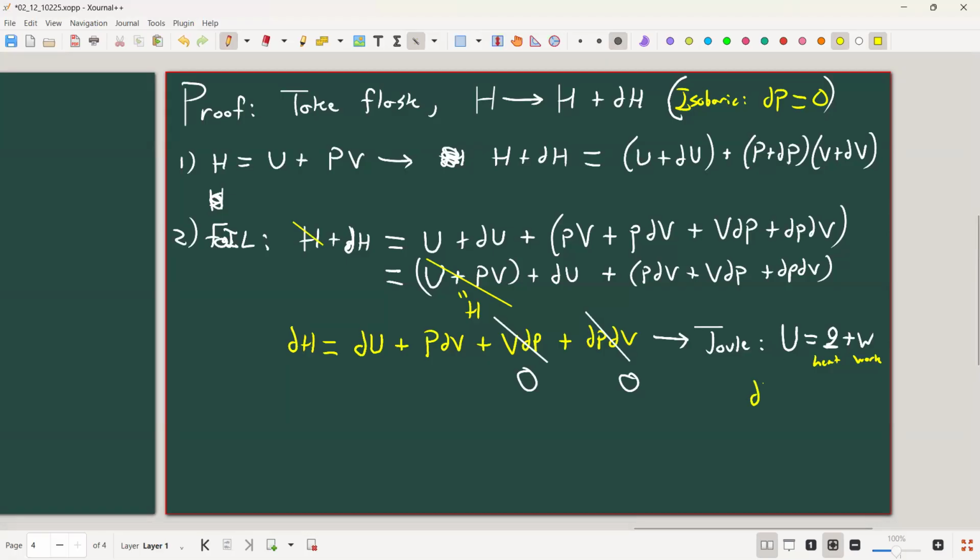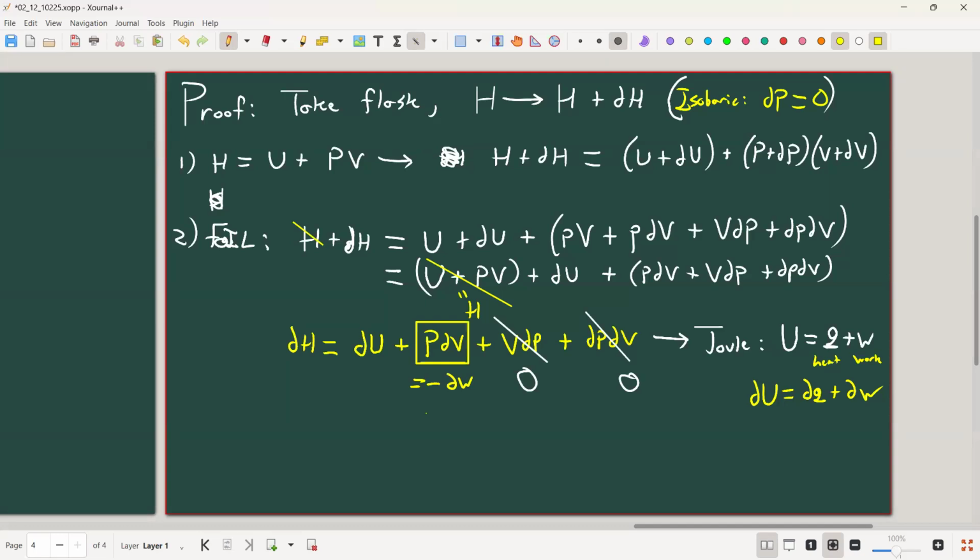And this means that dU is equal to dq plus dw, the change in heat and change in work. And remember what work is. Work is orderly motion. And for a gas or a chemical material, the work that a molecule does is press against the walls and change its volume. PdV is work. So this is equal to minus work.